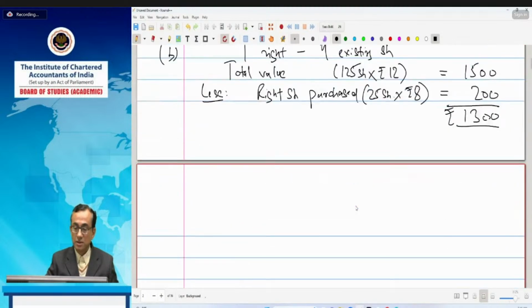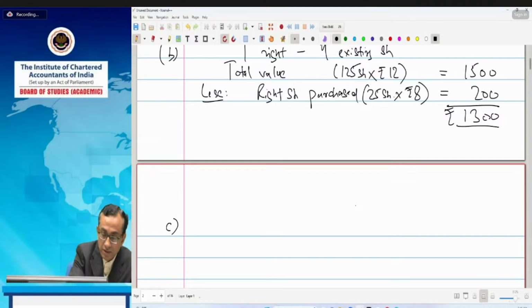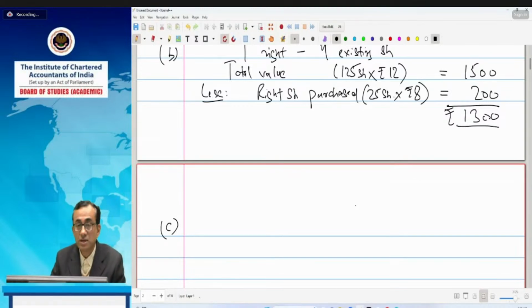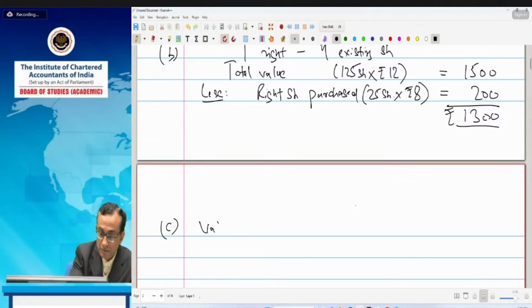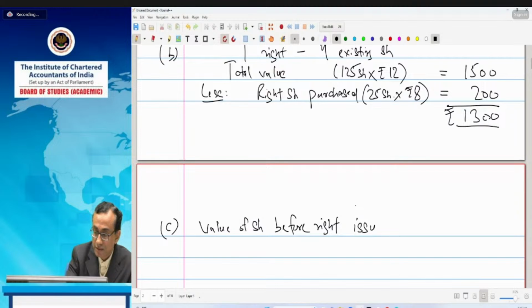Now, if the right share had not been issued at all, what would the situation be? Let us see. So the value of shares before right issue.